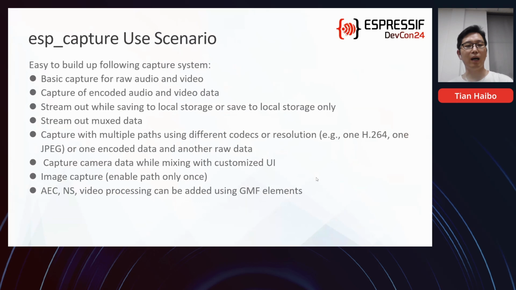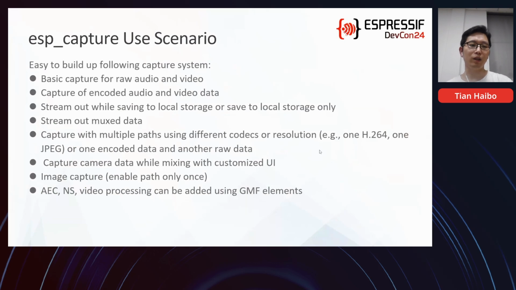It also supports streaming out masked data, such as when some protocol may want TS stream data, so it can be streamed out through the masked data. It supports capturing multiple passes using different codecs or resolutions, such as one pass used for streaming out using H.264, and another pass encoded through JPEG.